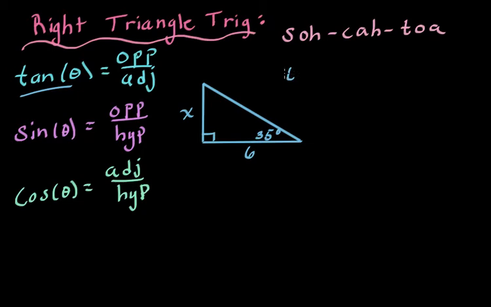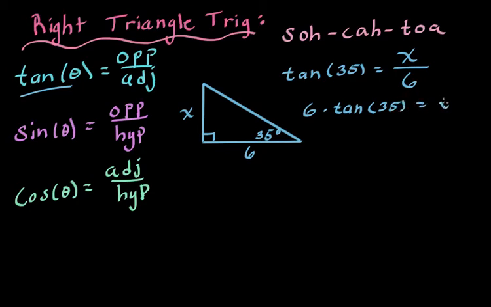So our tan of 35 is equal to our opposite side, which is our unknown, our x, over adjacent, which is 6 in this case. So then it's just algebraic, so let's isolate x. 6 times our tan of 35 equals our x.